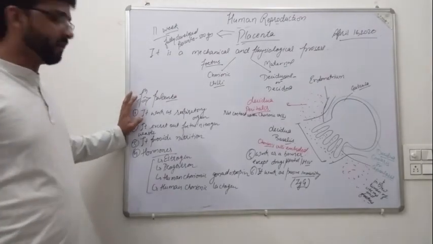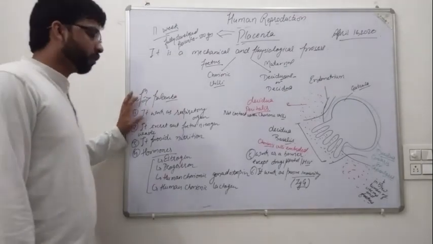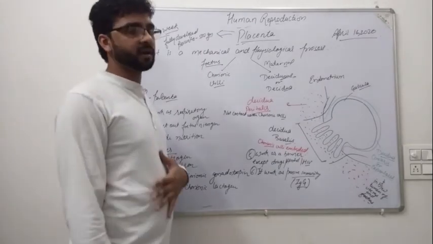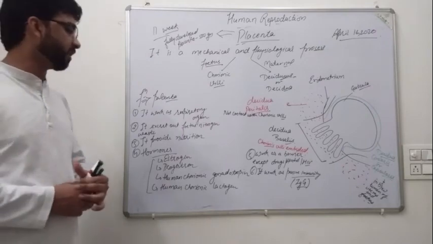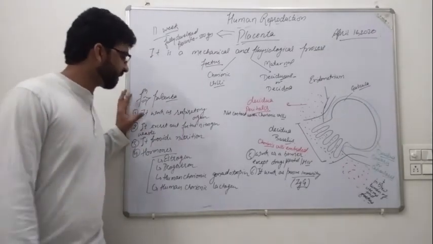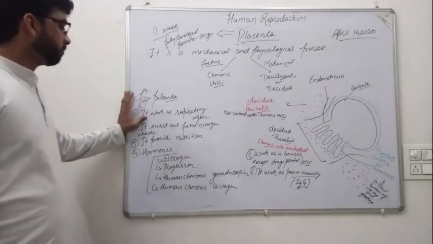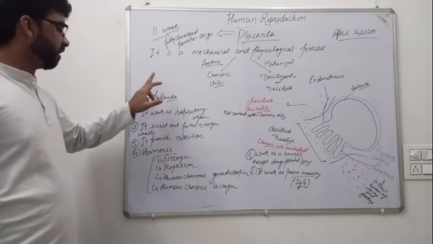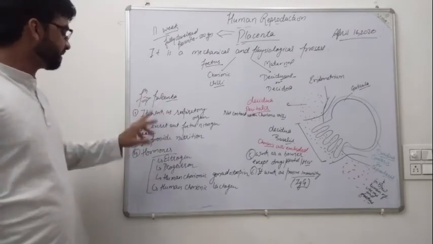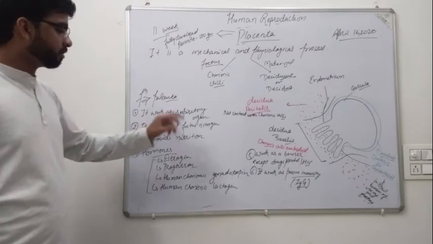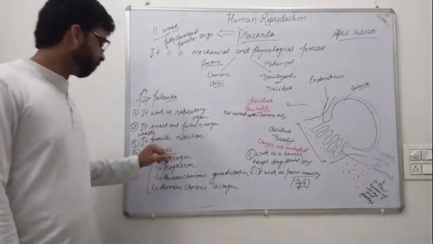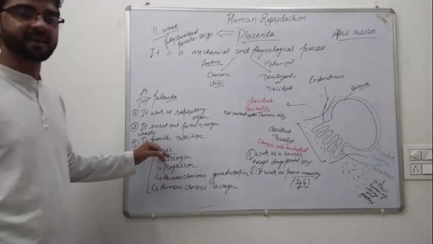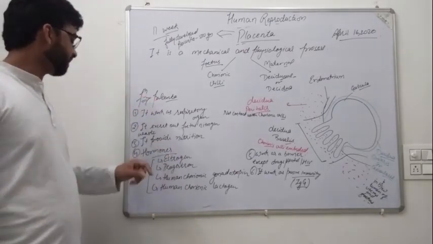For the development of the fetus, it works as a respiratory organ. We respire through our lungs, but the fetus has not developed its lungs properly, so the fetus respires through the placenta. Also for excretion, it works as a primary kidney. It provides nutrition as well as circulation.